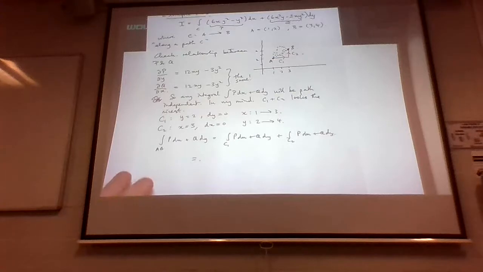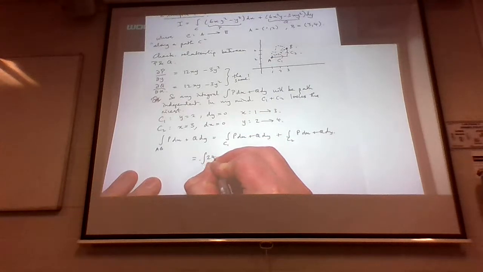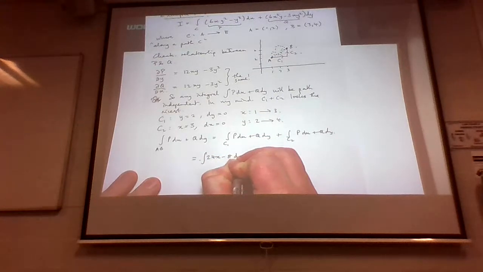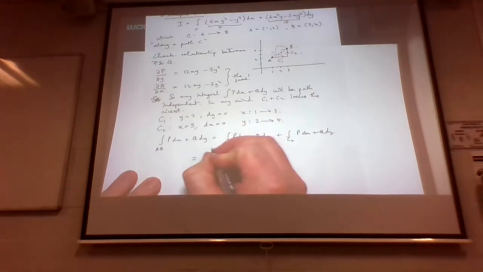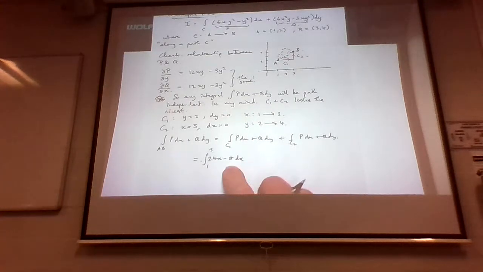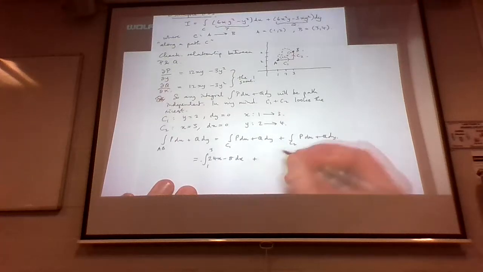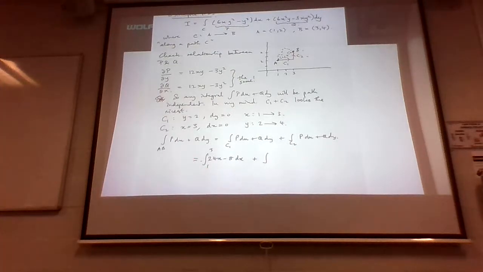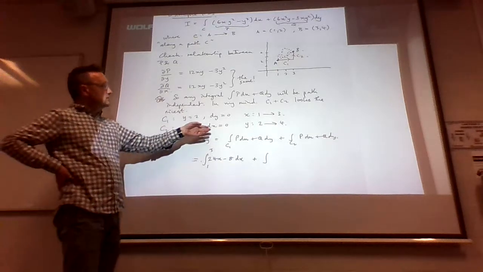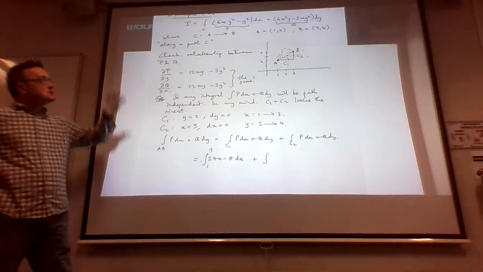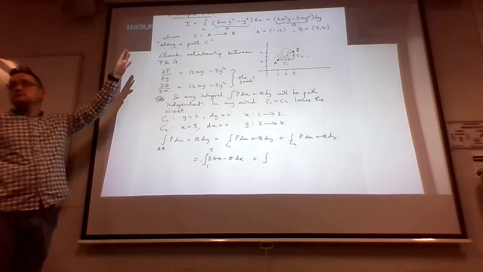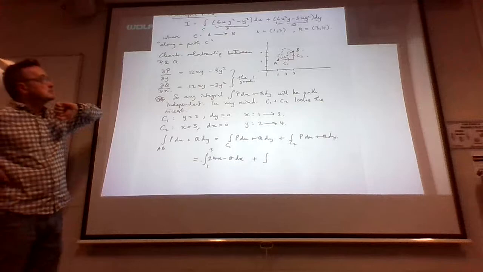So I'm just integrating 24x minus 8 with respect to x, and x is proceeding from 1 to 3. So that's the integral along C1. The integral along C2, I expect to simplify in a similar fashion, because along C2, dx is 0. So the p dx I'll just ignore, because the dx is 0.